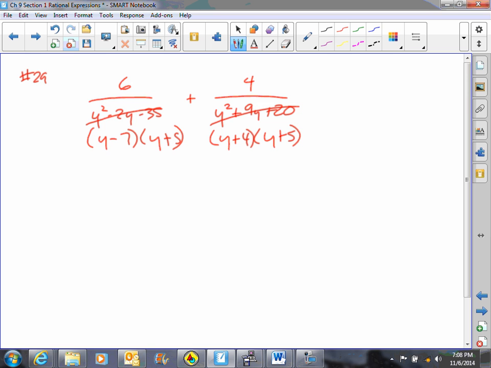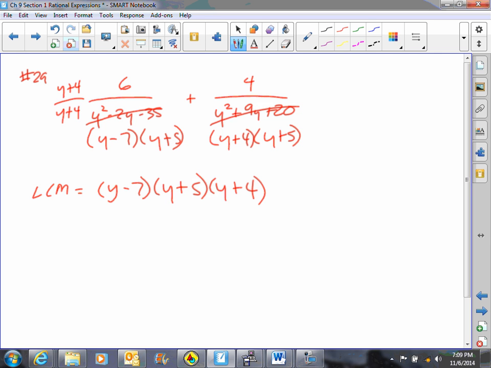So the lowest common multiple needs to be y minus 7, y plus 5, y plus 4. Now, the first fraction needs to be multiplied by y plus 4 over y plus 4. See, that's the factor the denominator is missing.